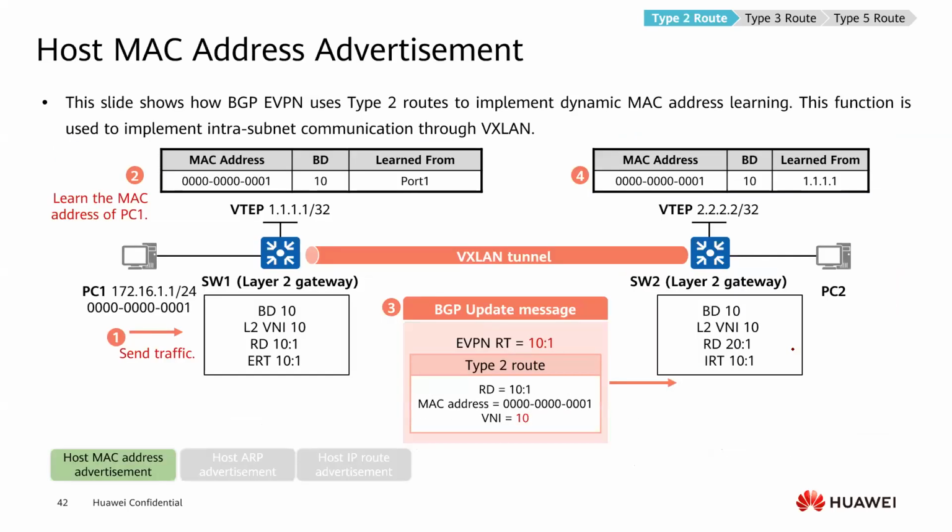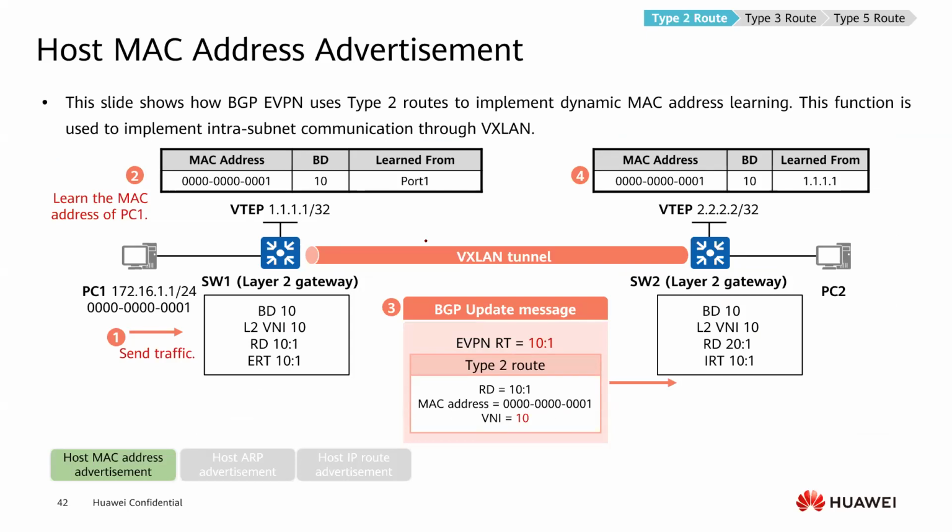Now let's look at the host MAC address advertisement. This slide shows how BGP EVPN routes deliver the MAC address information. Let's first look at the topology. In this topology, we have two PCs, PC1 and PC2. PC1 has an IP address and a MAC address.